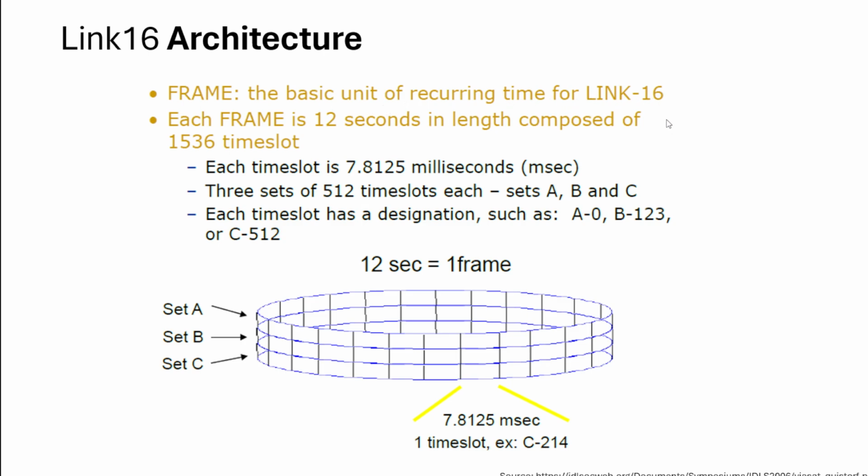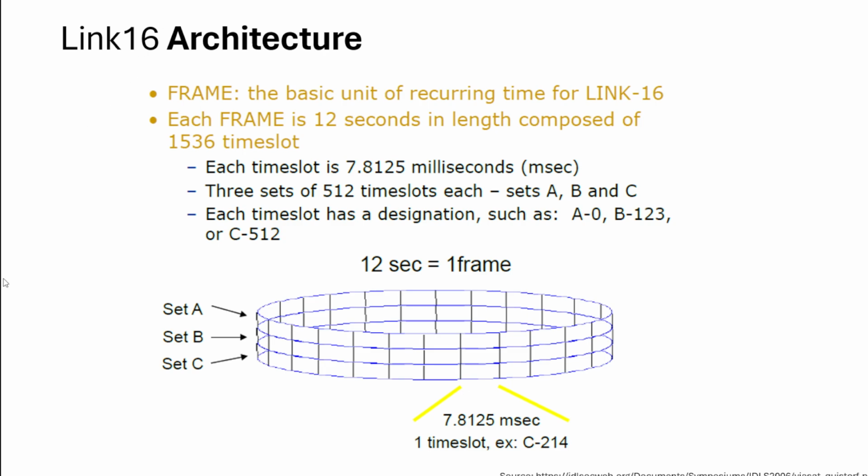Link 16, you can imagine, is a region in the spectrum. If I remember correctly, I did not put the number here, but I think it's 960 megahertz to 1215 megahertz, in the L band.